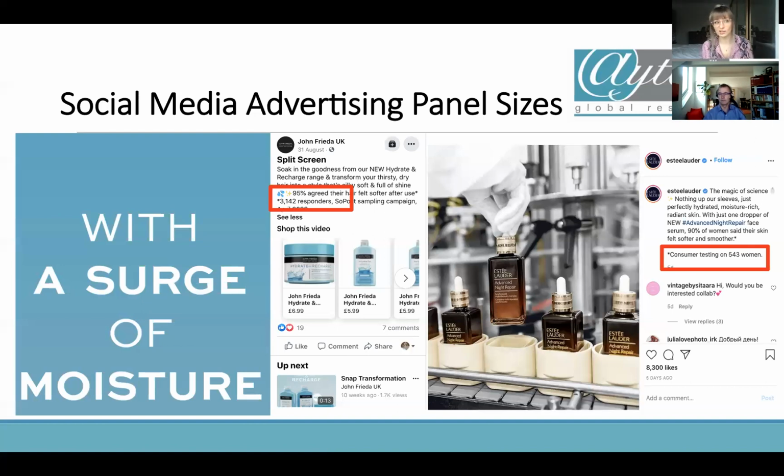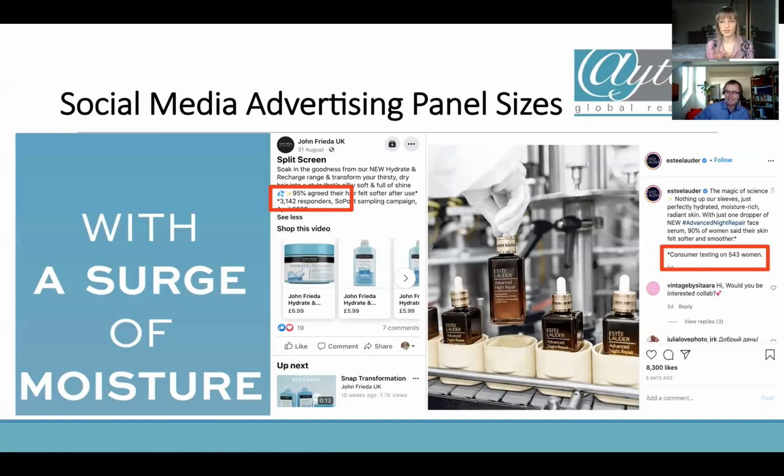They may check in and make sure you're not lying, and they might check how you've recruited them. Exactly, yeah, because this John Frieda one was a sampling campaign, which is certainly a bit away from a representative sample of users. So this is something that people might argue about, but not the sample size.